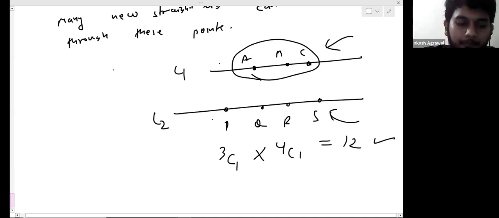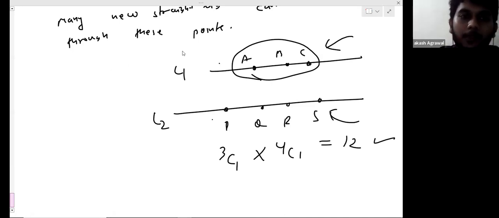Okay. Sir, can you explain again? Okay. To get a line, you have to have 2 points, right? And remember, you cannot draw a different line using PQ, QR. So you have to choose a point from L1 and a point from L2.